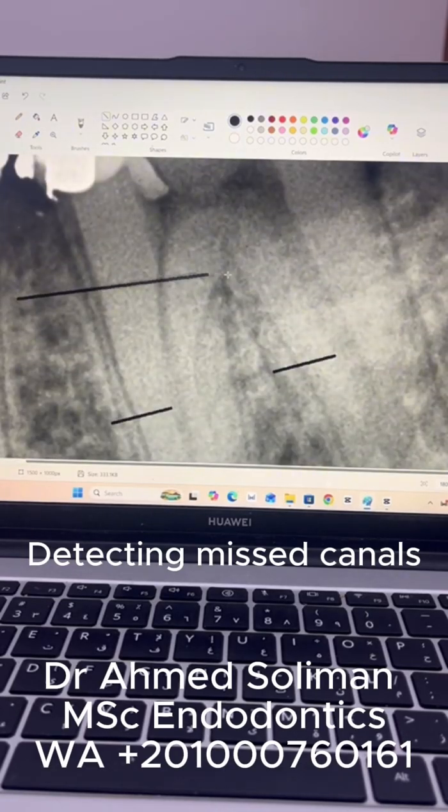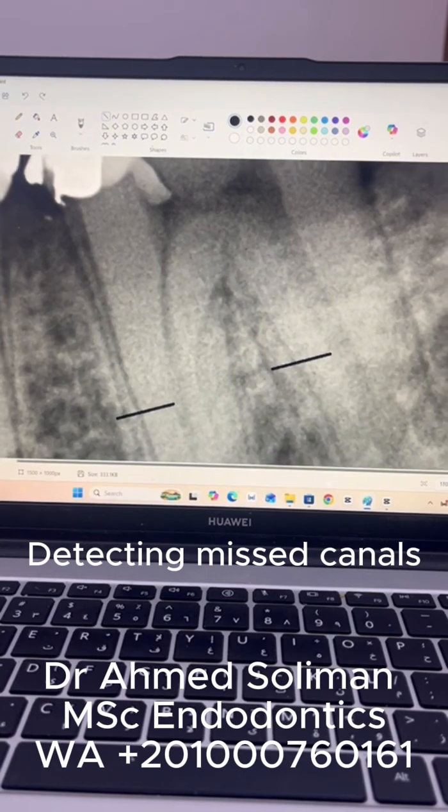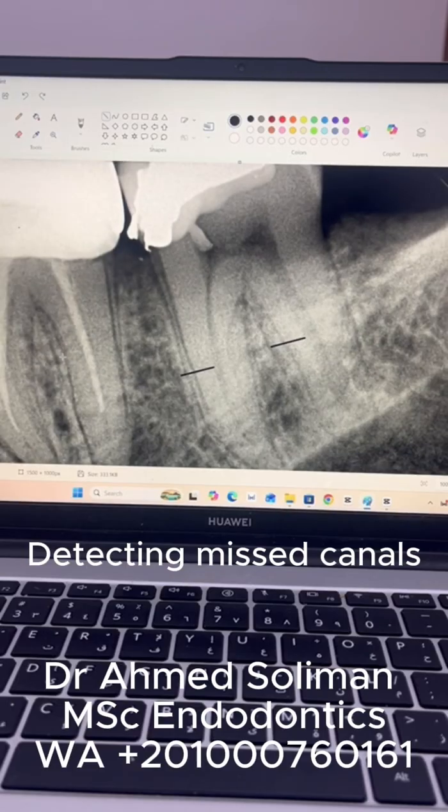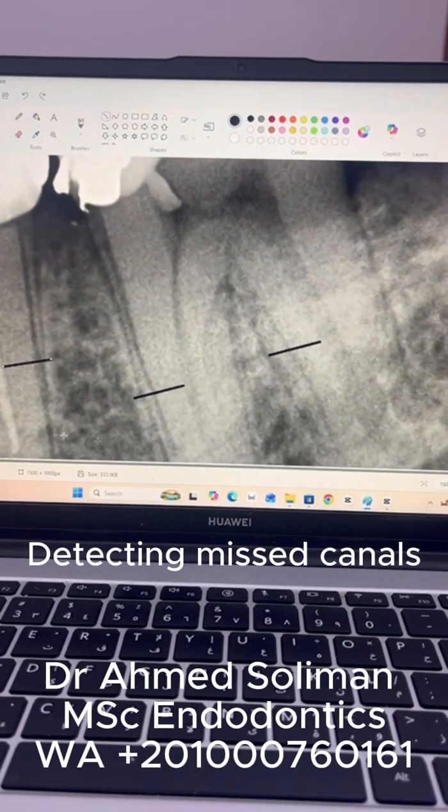Let's go to the other tooth we have here. This is the distal root of a lower 6. This is the very beginning of the root and this is the very beginning of the canal. If I take this and put it here, something is wrong.